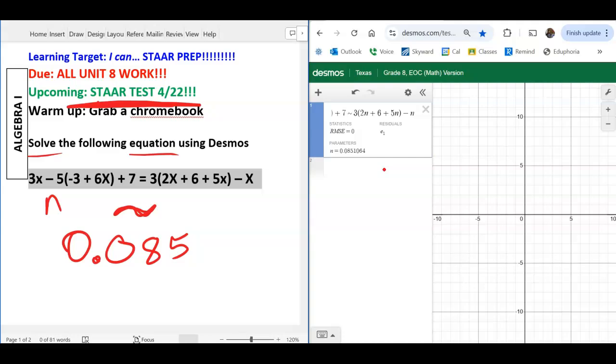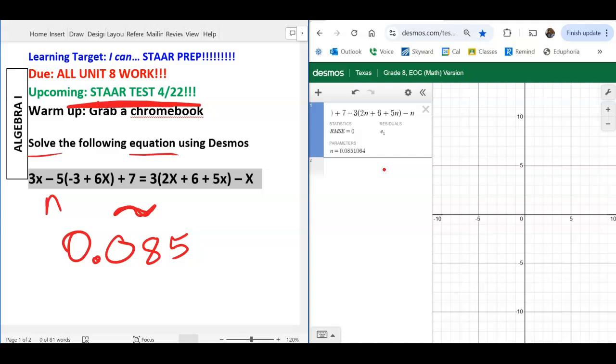So what we're gonna do up until April 22nd is continue to get practice. If you ever feel like, Mr. G, this is annoying, I know how to do this, why do we keep doing the same thing? That's a good thing. That means you've mastered it and you're not going to miss it on the STAAR test, right? Okay, so I know this is going to be a season, a whole unit.